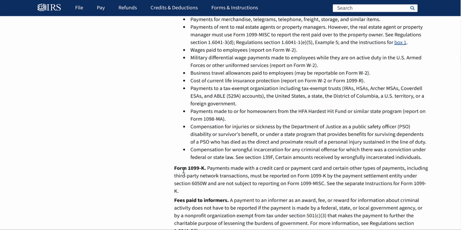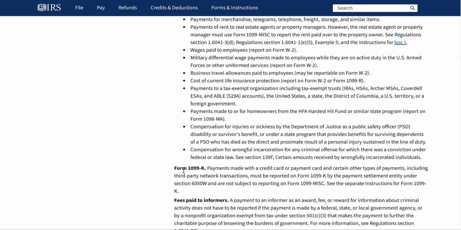Okay, same with QuickBooks, same with Square, Stripe, all that good stuff. Melio, if you're using Melio, they are required to issue 1099-K forms in the event that that third party that you are paying reaches a certain threshold through their payment platform, okay?